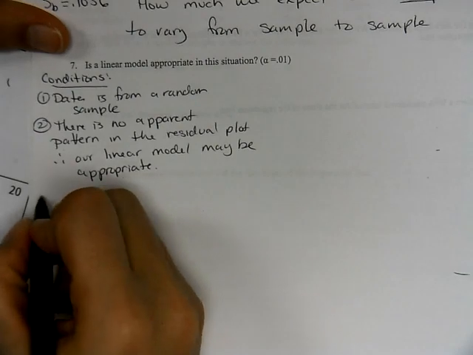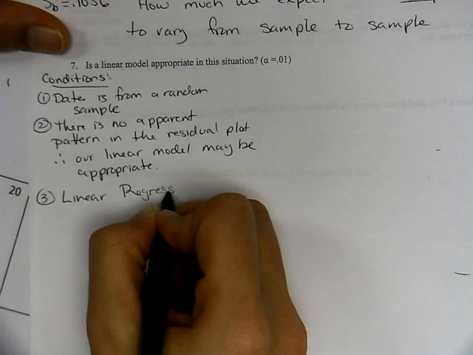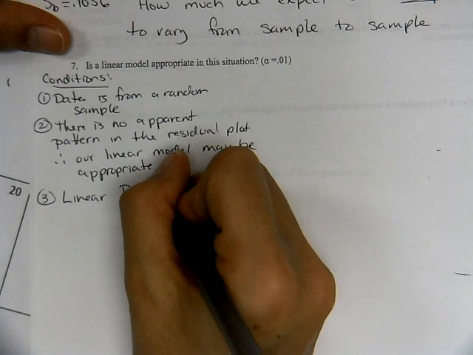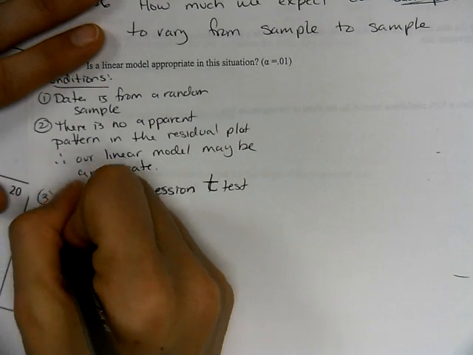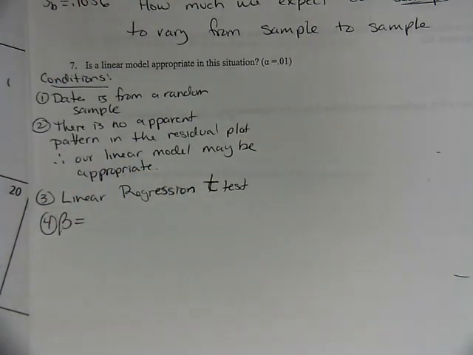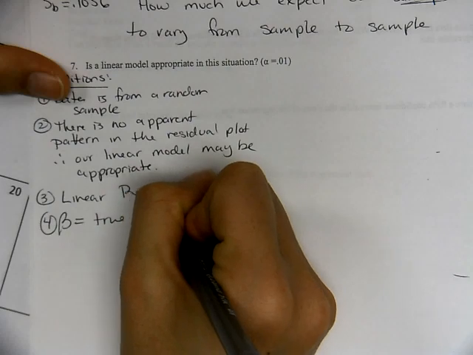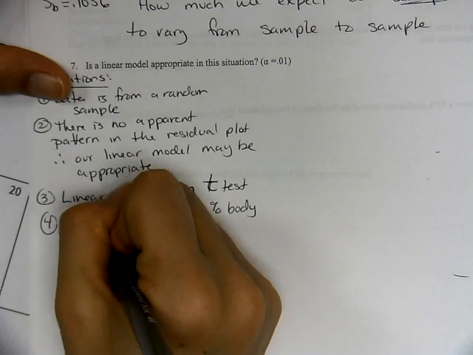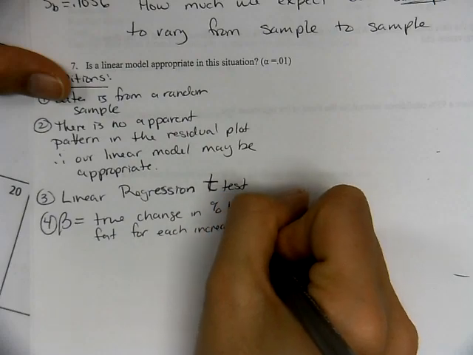Oops. So we're going to do a linear regression t-test. And our slope, so you're looking for the true whatever. So here it's the true change in percent body fat for each increase in year.